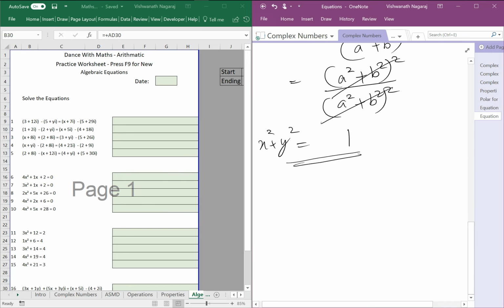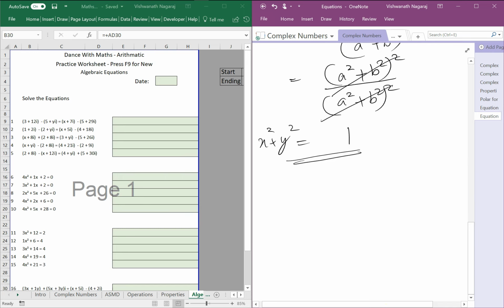Okay, now let's look at another, and you might find this type of problem as well. Let's say you have (3 plus 2i sine theta) by (1 minus 2i sine theta), and you have been asked to find the theta for which this is a real number.